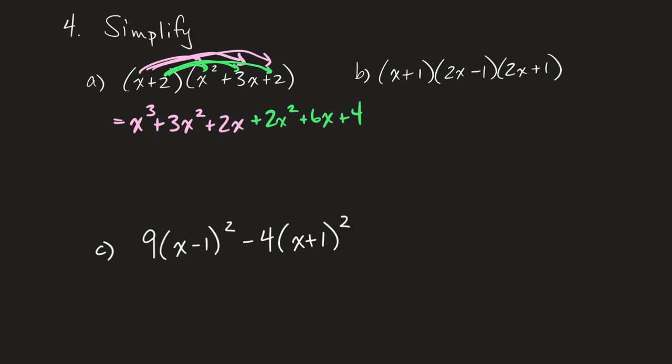And when I multiply the 2 things times the 3 things, I have my 6 things, but there's a bunch of that stuff that's going to collect. So I have nothing to collect with my x cubed. I can put together my x squared terms. I can put together my single x terms, and I have my constant.